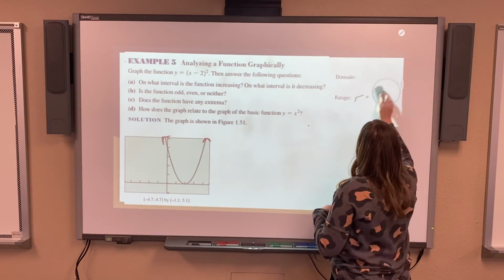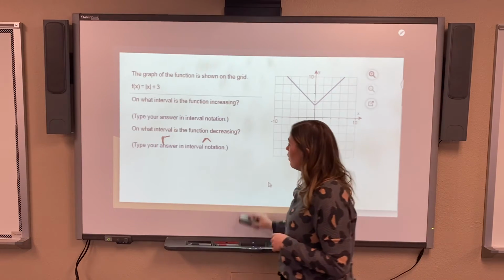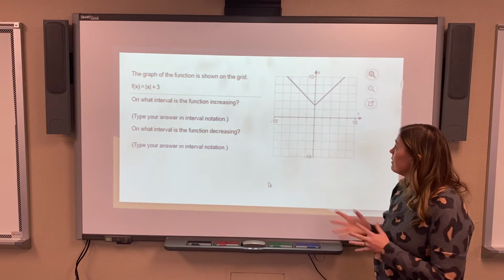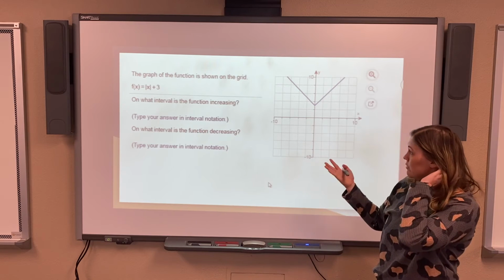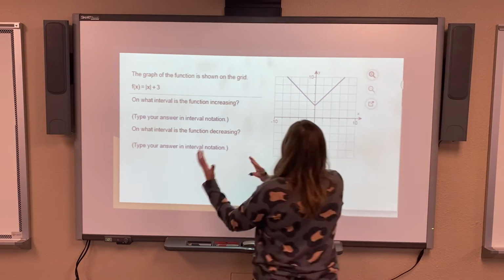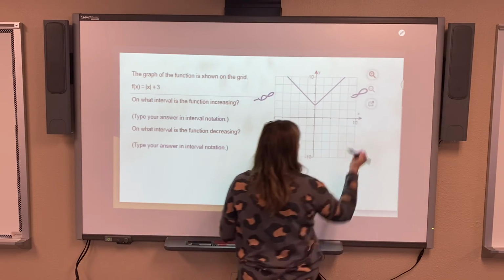So let's see what else we got. And now we have, at what interval is this increasing? So we have an absolute value graph. It is moved up from our parent function, and so we're talking about where the interval is increasing and where it is decreasing. So looking from left to right, we have negative infinity this way, positive infinity this way.